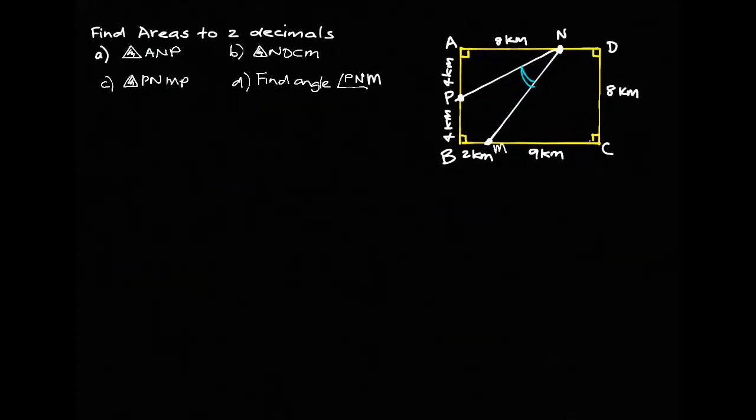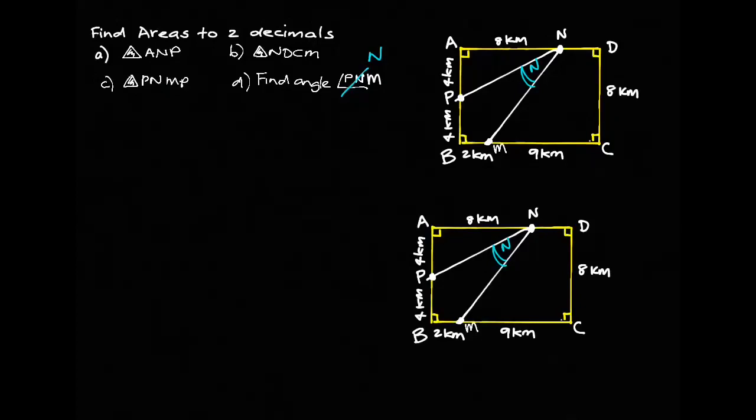Okay, now we're going to finally find the angle PNM, but we're just going to call it N. And we're going to use the half bc sine A type rule. So let's just look at this triangle here. Let's call this little n, let's call this little m, and this one little p, because they're opposites of those angles.